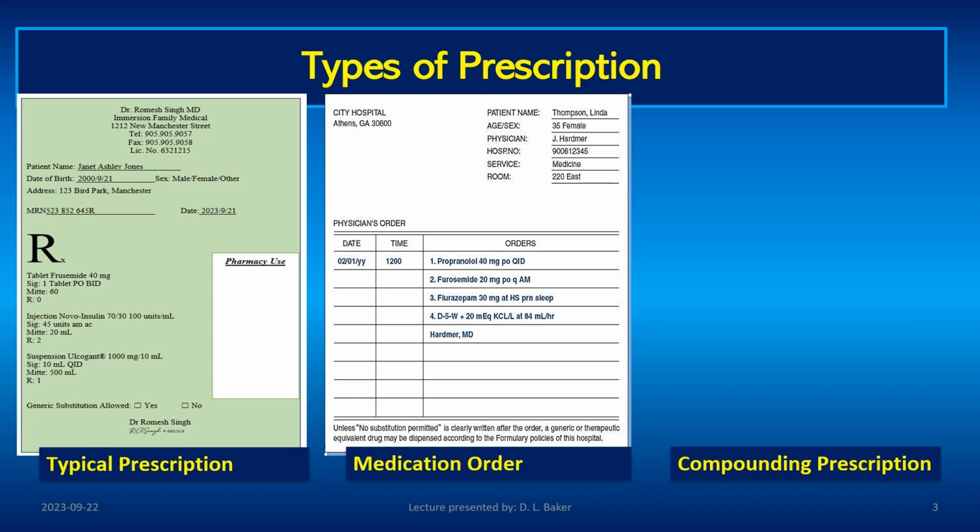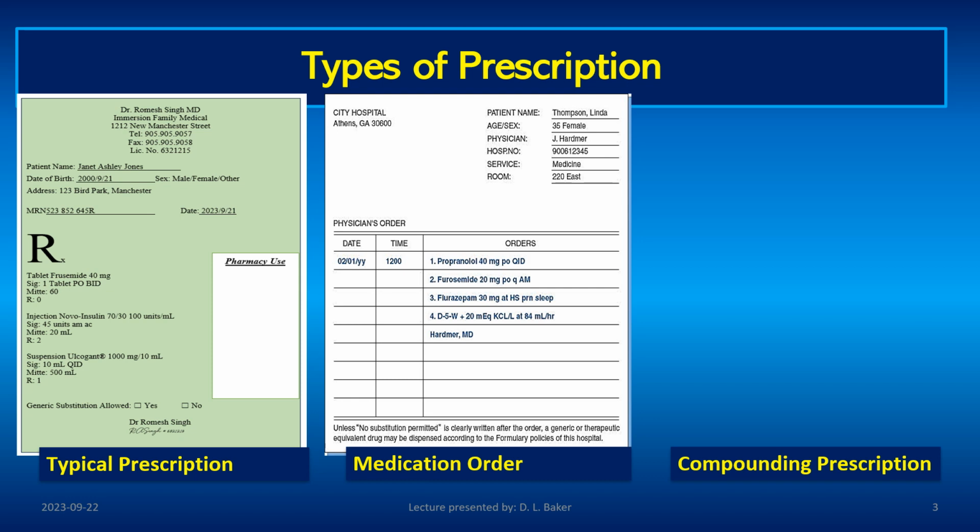So what are some of the drugs that you will sometimes see on these medication orders? You might see something for pain that is administered intravenously, or an antibiotic for someone who has a severe infection that is going to be administered intravenously.